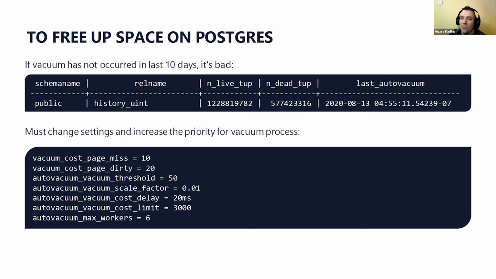That's the reason why the disk is not freeing up automatically, just because the instance is huge. So a solution for that is to set more aggressive settings for the Postgres engine, for this Autovacuum worker, to be more energetic in cleaning up those empty rows.